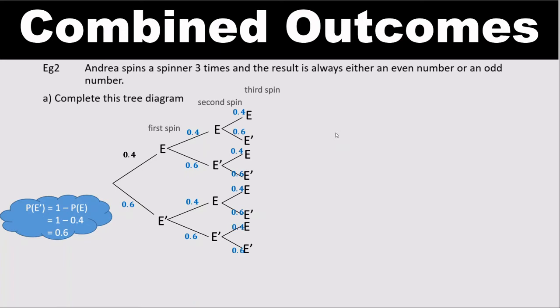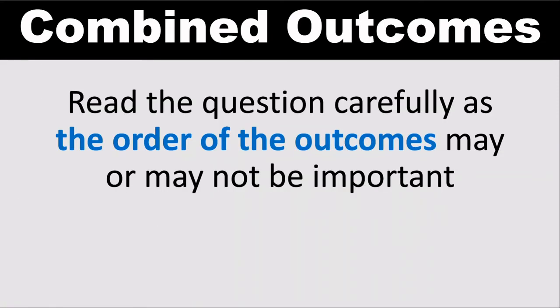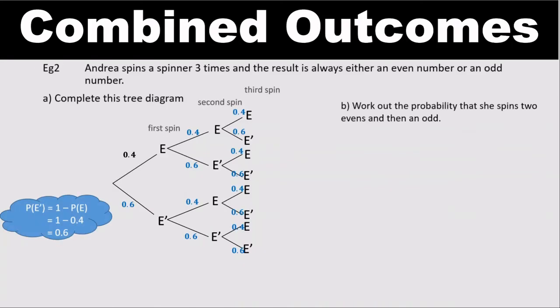So I can repeat these probabilities all the way along. Now that I've got my probability tree completed, let's try and work out the probability that she spins 2 even numbers and then an odd number. Read the question very carefully first. The order of the outcomes may or may not be important. It sounds here like the order is important. We first spin an even, then we spin another even, then we spin an odd. Let's find that on our probability tree. Even, even, odd.